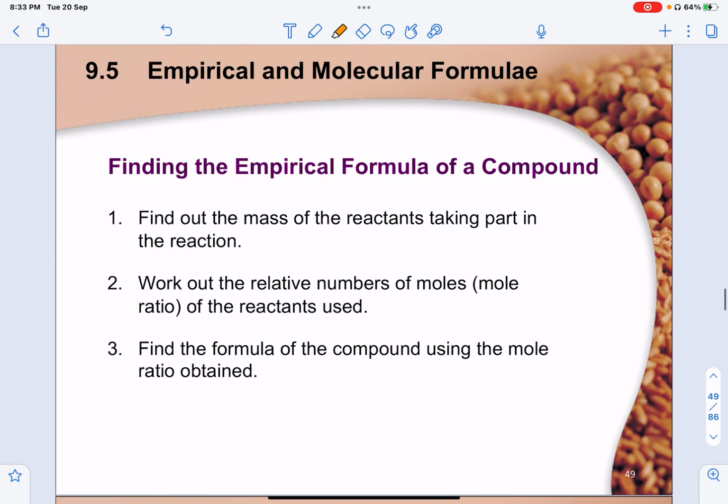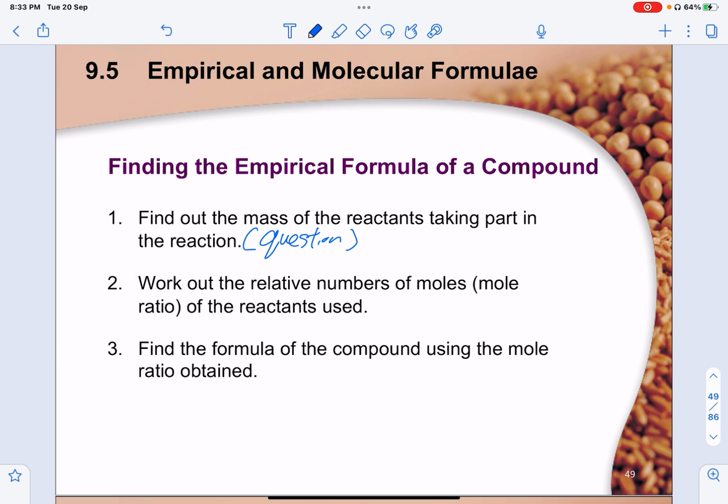So when we want to find the empirical formula of a compound, there are a few steps that we need to do. First, we have to find out the mass of the reactants taking part in the reaction. This one usually you can find from the question. The question itself will actually state the values for you. Then we find the relative number of moles of the reactants used. How are we able to find the number of moles?